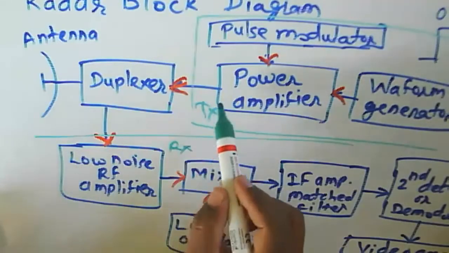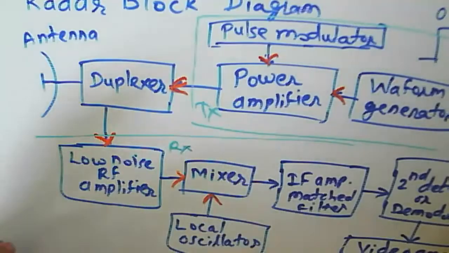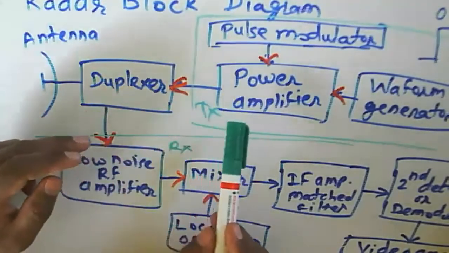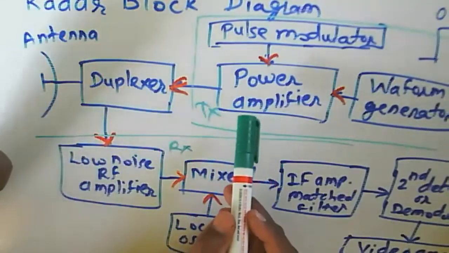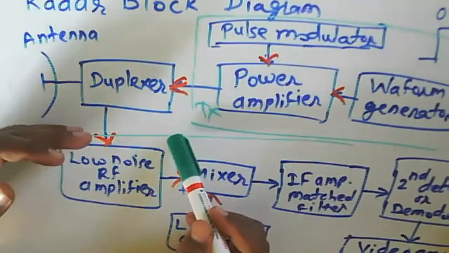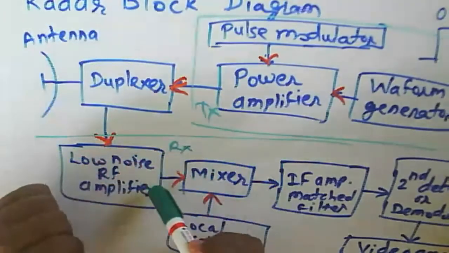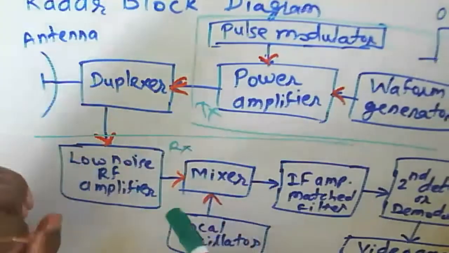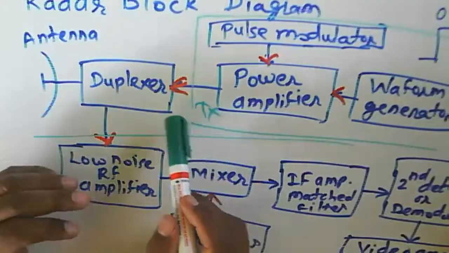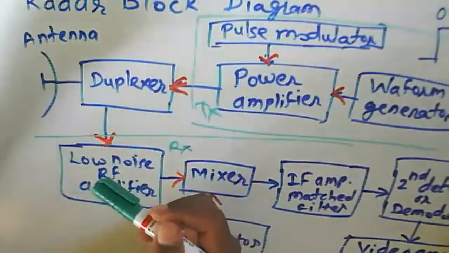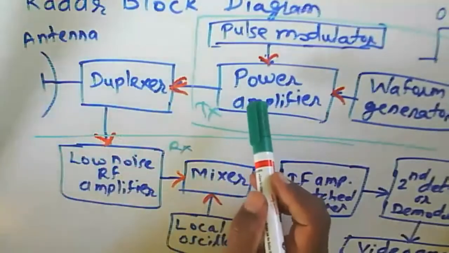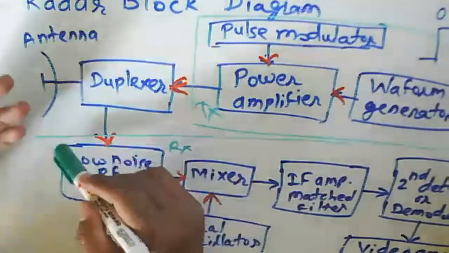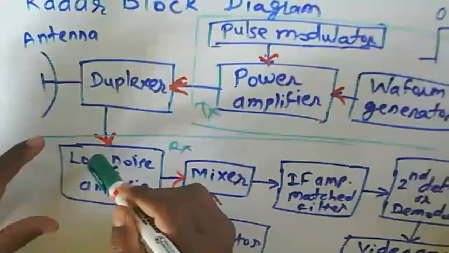Now this transmitter and receiver are both separated. At the transmitter, when that high power signal is transmitted, the same signal should not go to the receiver. Otherwise, what will happen? The receiver will be damaged. Whenever we are receiving the echo signal, that echo signal should not reach the transmitter. So the echo signal goes directly to the receiver.